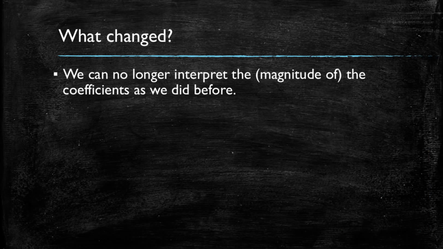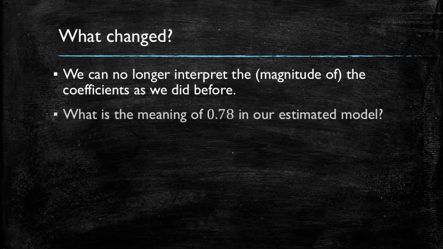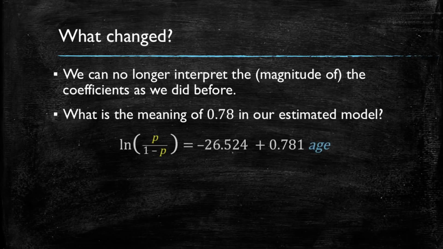What has changed? Well, the most important change has to do with the interpretation of the magnitude of the coefficients. In particular, in our prior model, what would the meaning of 0.78 be if our model has as dependent variable the log of p over 1 minus p?